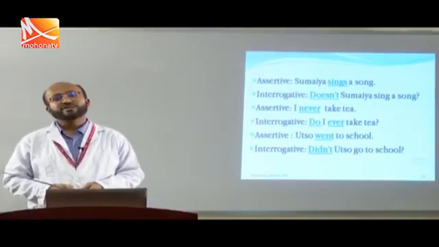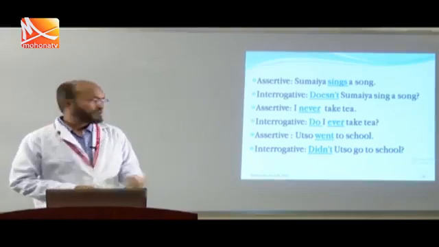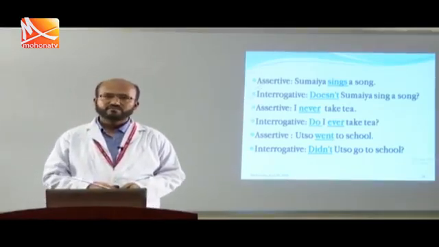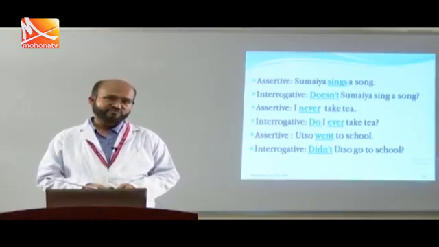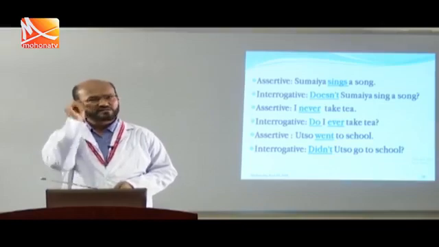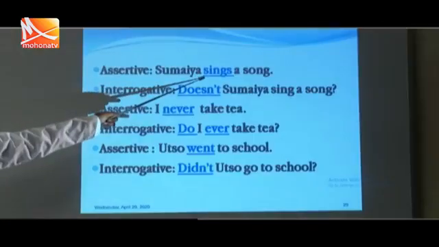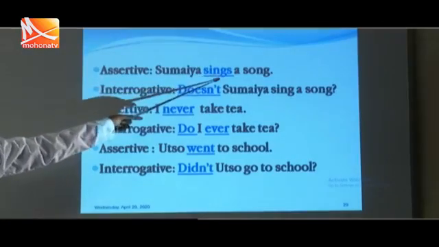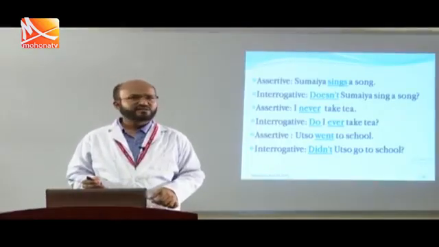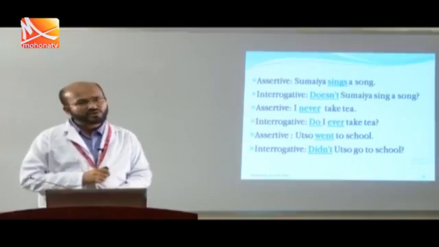So I am giving you some examples. Affirmative, that is assertive. Here, sings, the meaning is affirmative. Sumaya sings a song. See here, sings. So S here. Most of you make the mistake like Sumaya. So this is the name, third person singular.